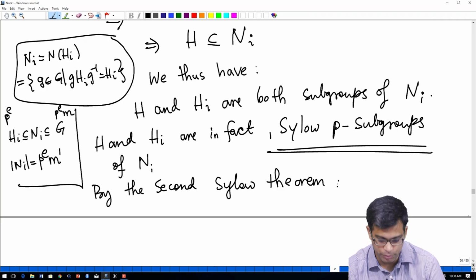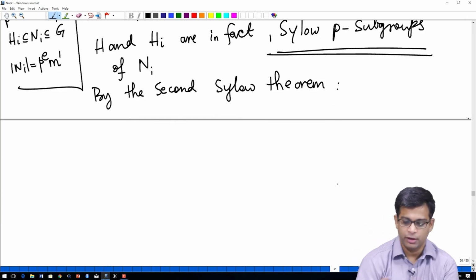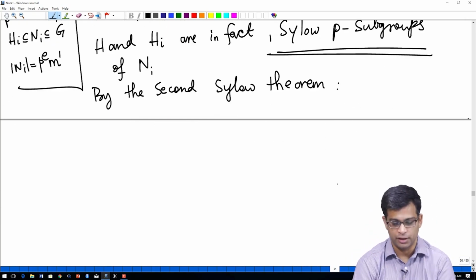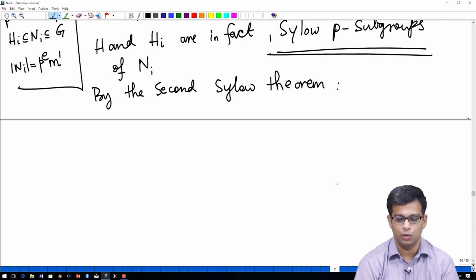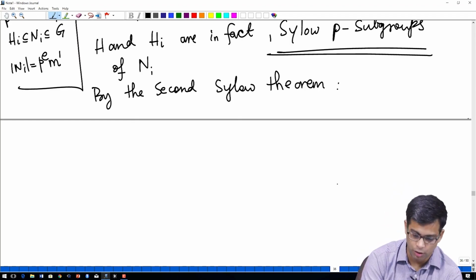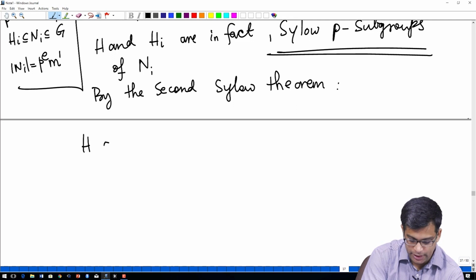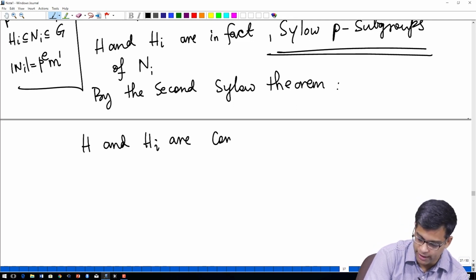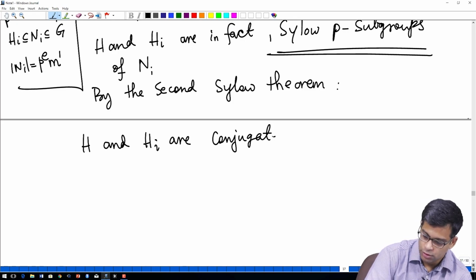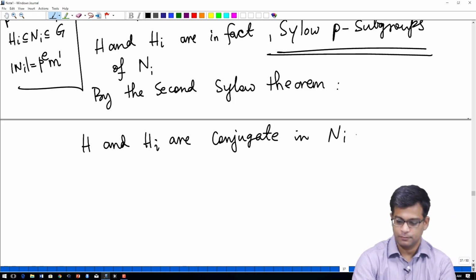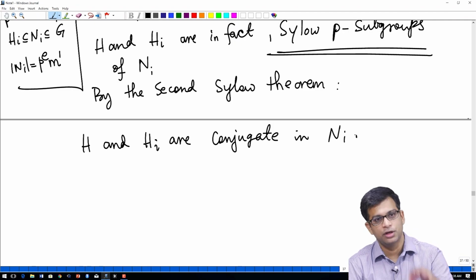So they are both Sylow p-subgroups of N_i. Now, what does the second Sylow theorem say? It says that any two Sylow subgroups are conjugate. So H and H_i are conjugate in N_i. Here I am only focused on applying the theorems to N_i, not to G.